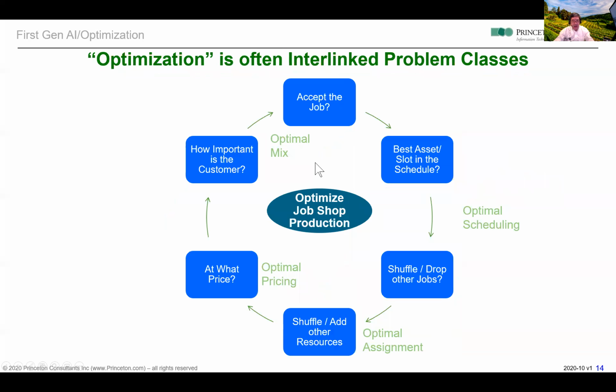One thing to say just to start is that often when someone takes a first generation problem, like for example, optimized job shop production, it really is a series of models working together. And the first thing you want to do is decompose the problem, start with one, and if you can get that solved, awesome, then move on to other adjacent problems or get deeper on the first problem.